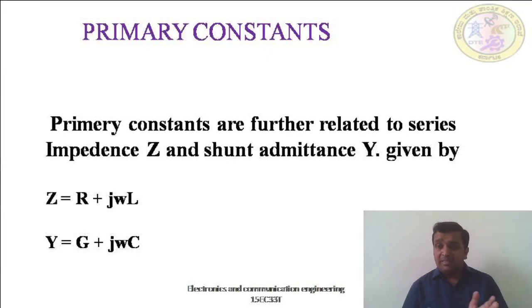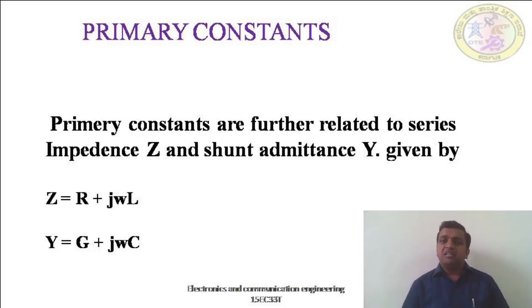Here I can summarize that R and L are connected in series. Primary constants are further related to the series impedance Z and shunt admittance Y, given by Z equal to R plus j omega L, where Z is nothing but the series impedance, R is the total resistance of the transmission line, omega is equal to 2 pi f, and L is the inductance of the particular transmission line.